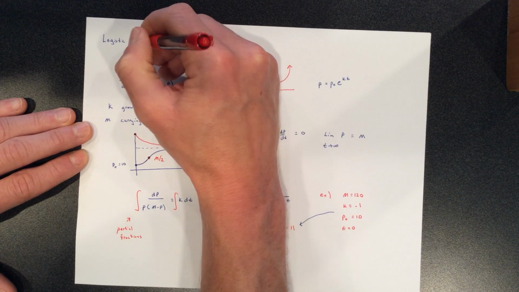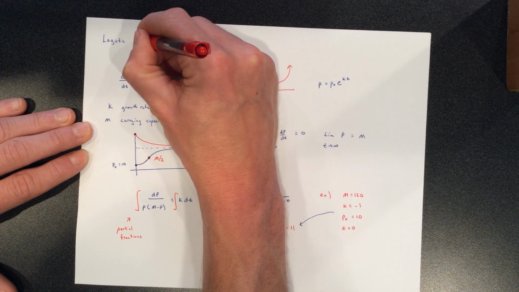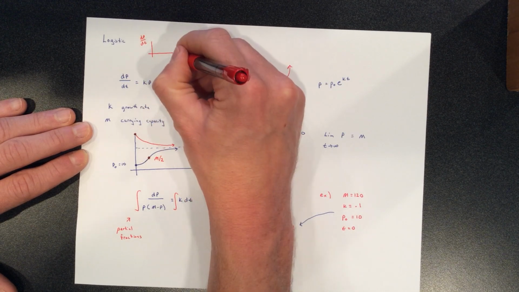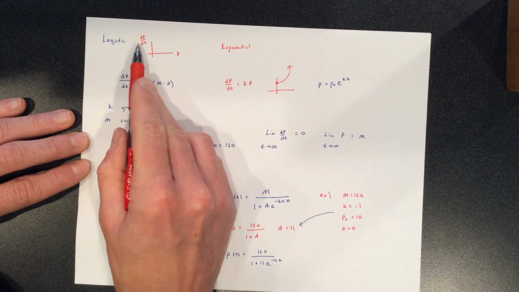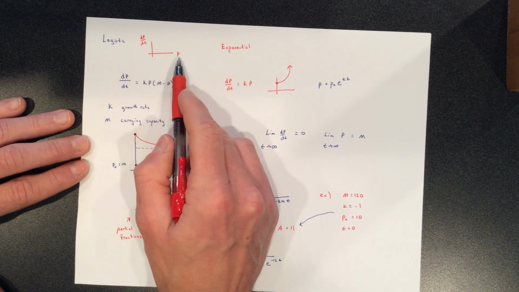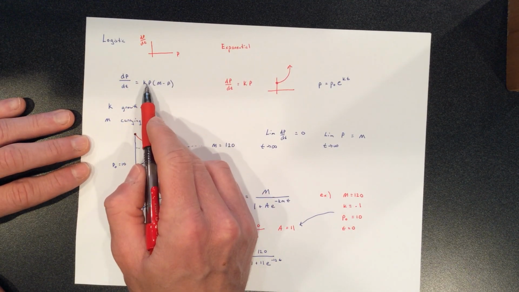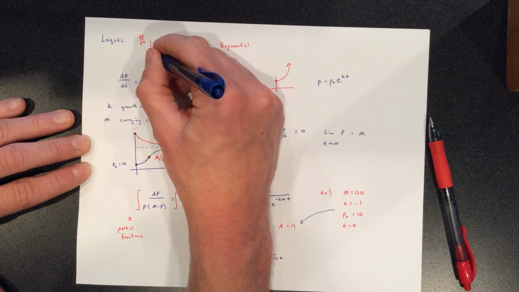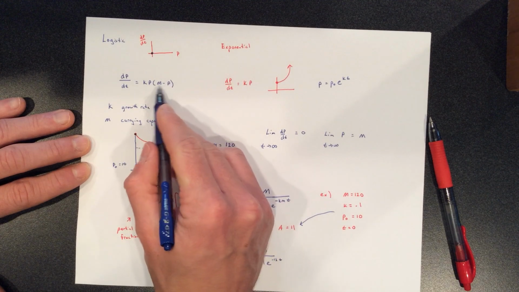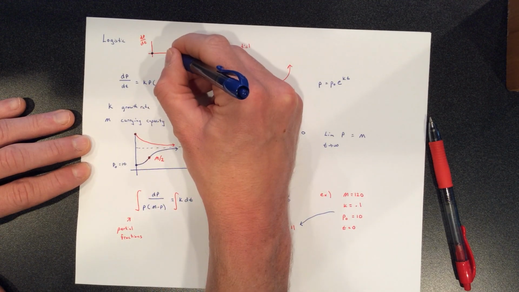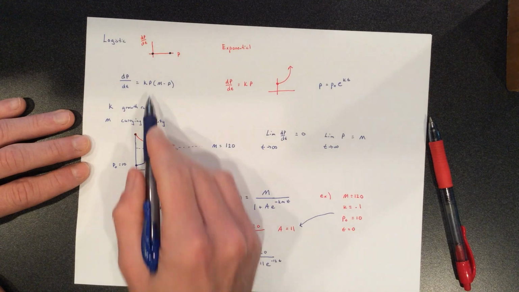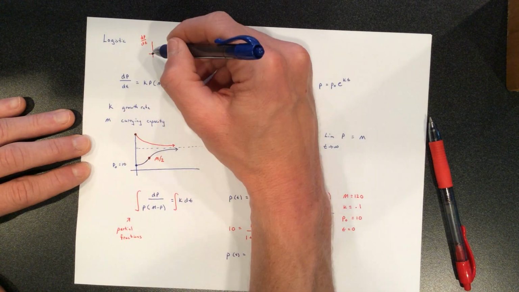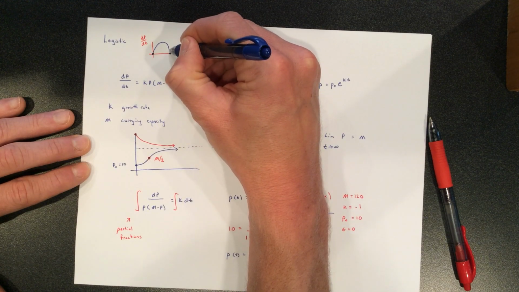You've probably never graphed this before, but if you look at the graph of dP/dt, not versus t, but versus P, how does the growth rate change based on the population? Well, when the population is 0, you have a 0 growth rate. And when the population gets to M, you have a 0 growth rate. But if you multiply this out, can you see this is going to be a negative P squared? So it's just a parabola.